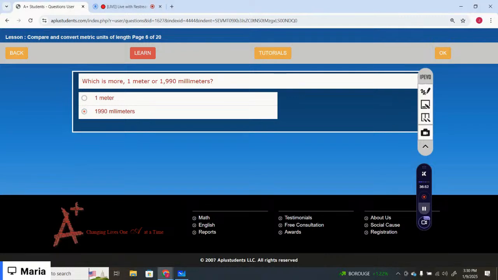So 1990 is greater than 1000 millimeters. Option number 2 is the correct option.